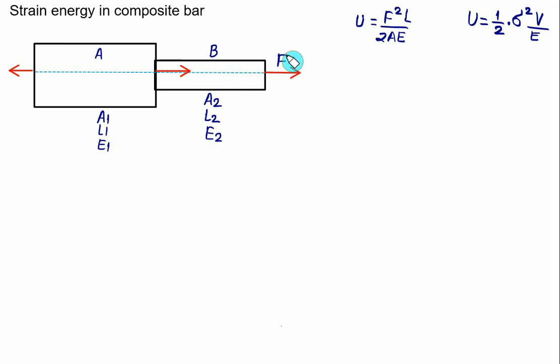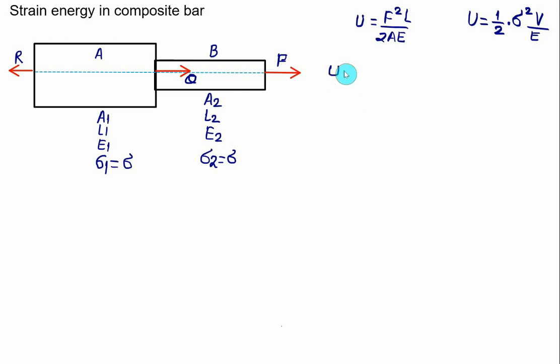Let's say we have force P, then force Q, and force R. These forces are such that the stress in segment A is equal to sigma, and the stress in the second segment, that is sigma 2, is also equal to sigma. It means that both parts are subjected to the same stress value. If they have the same stress value, very quickly we can calculate the strain energy by using the second formula.